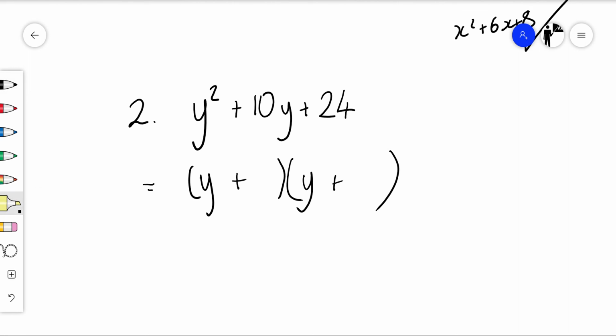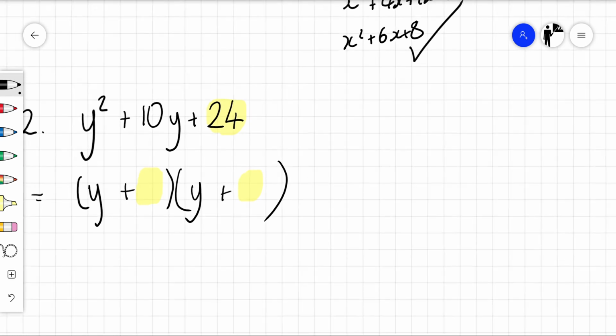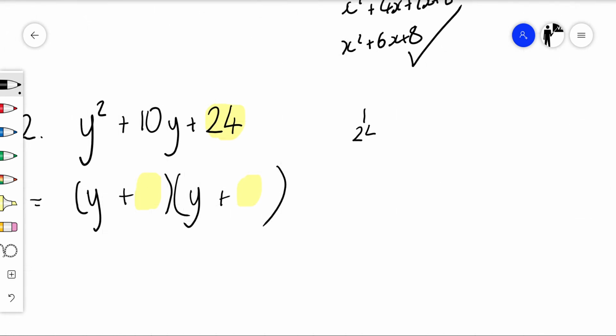So remember, these numbers here need to multiply to make 24. So let's write down potential options. What multiplies to make 24? Well, I've got 1 times 24, 2 times 12, 3 times 8, and 4 times 6.